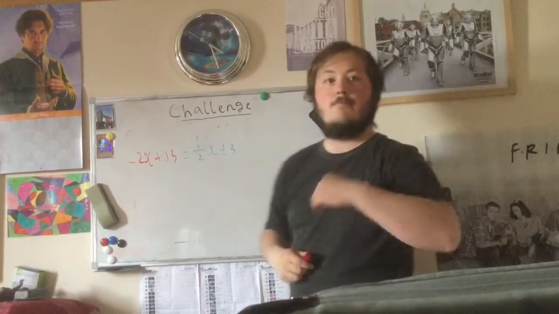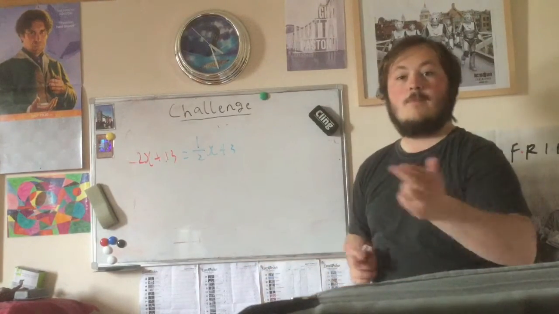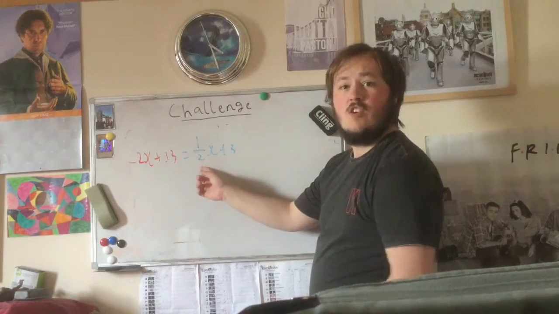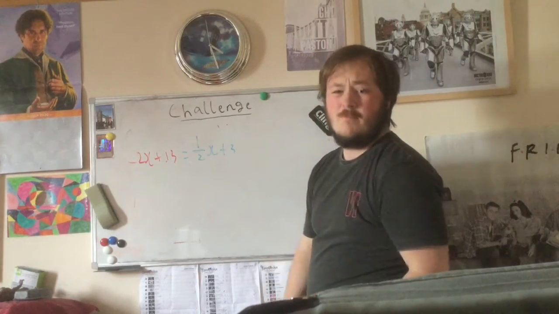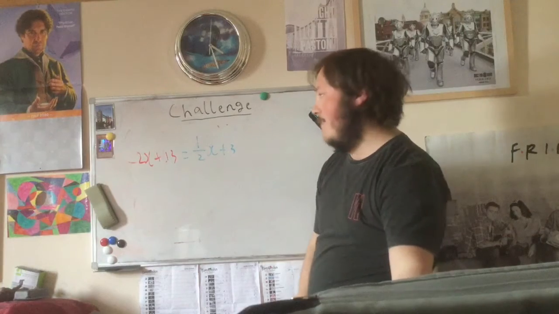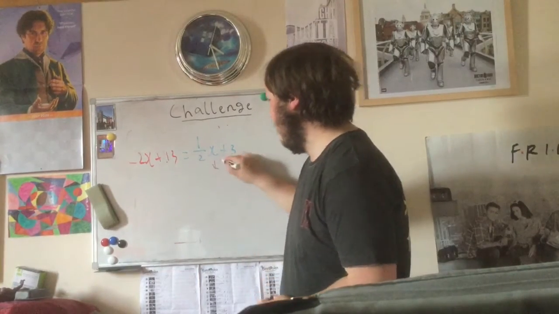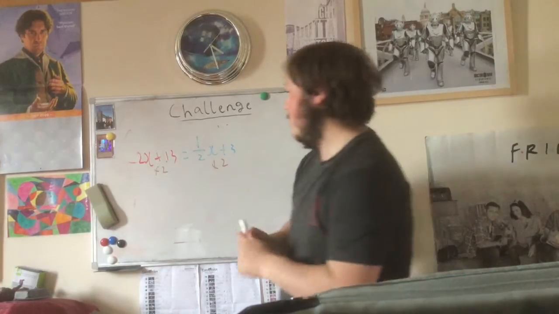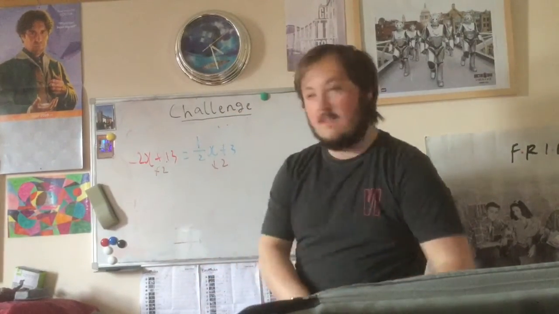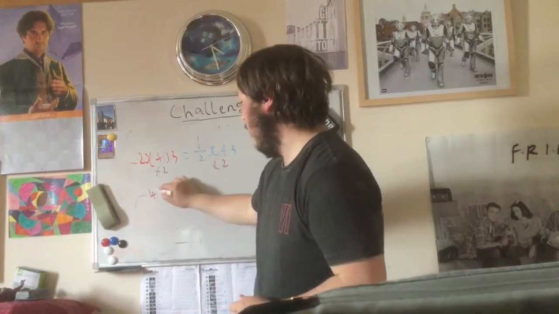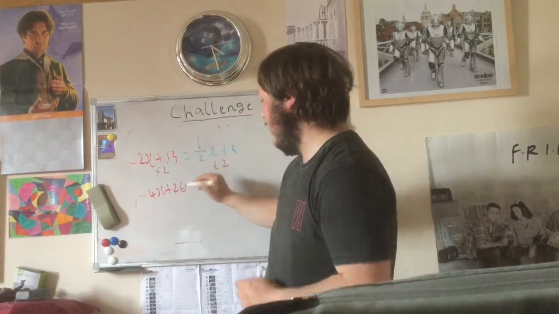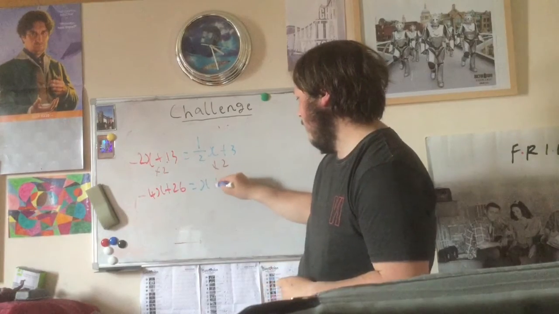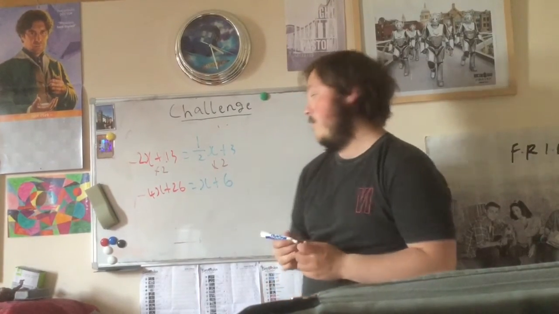Now we can do some balancing to tidy up the problem. So, what I like to do is get rid of this 2 because a half fraction is a bit frustrating. So we multiply everything by 2. And when we do that, we now get negative 4x plus 26, all equaling x plus 6, because you multiply that 3 as well.